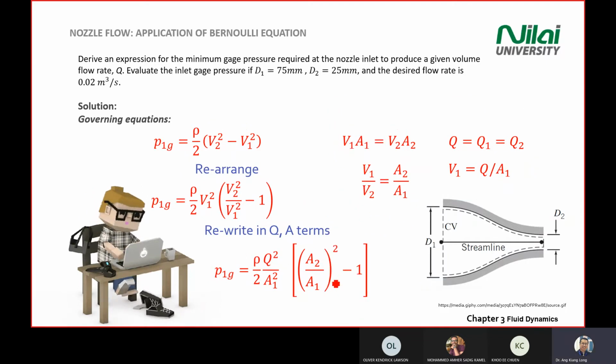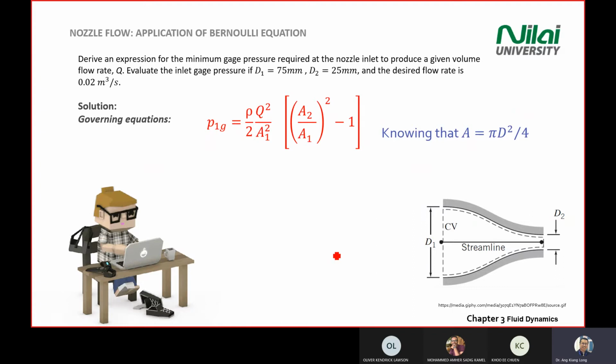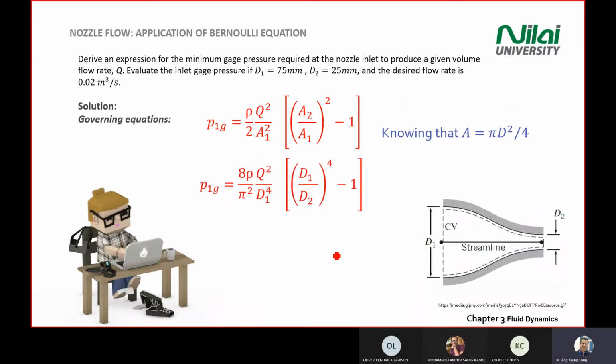So once you get this term, you can substitute it into the D parameter, because in the previous equation you have Q and A, the area, but in the question you are not given the area, you are given the diameter of the cross section.